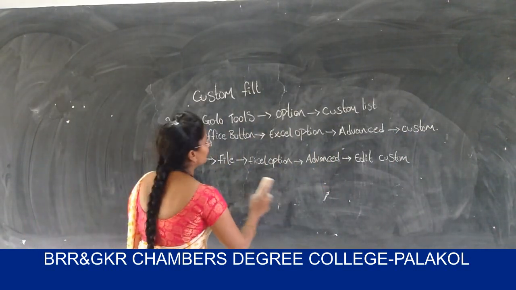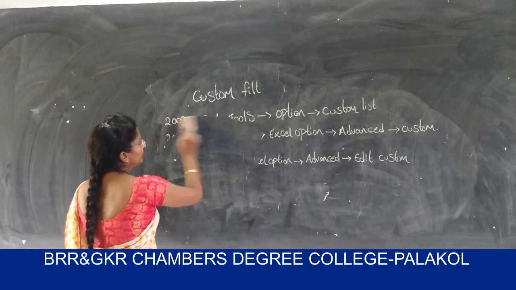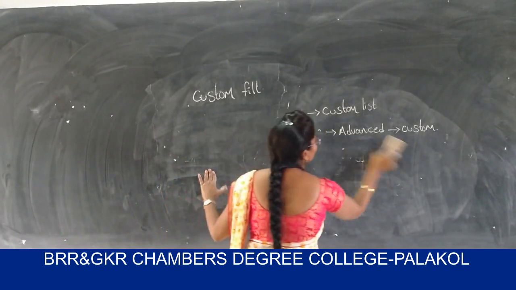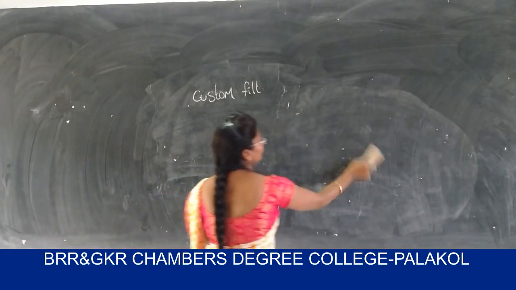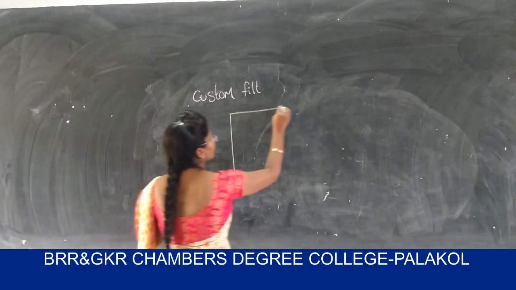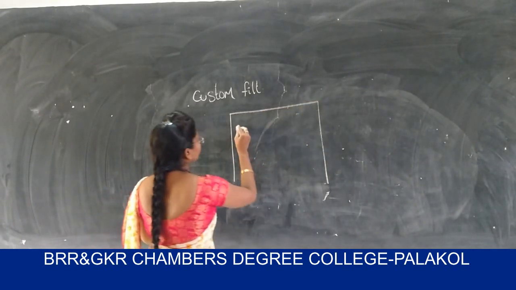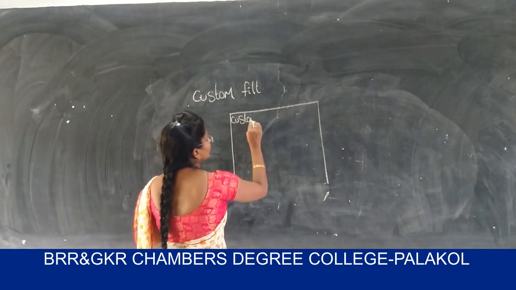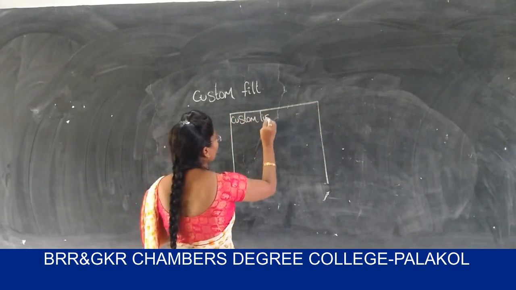If you click on the custom list, then one dialog box will be appeared on your screen. That dialog box belongs to the custom list. This is the custom list dialog box.